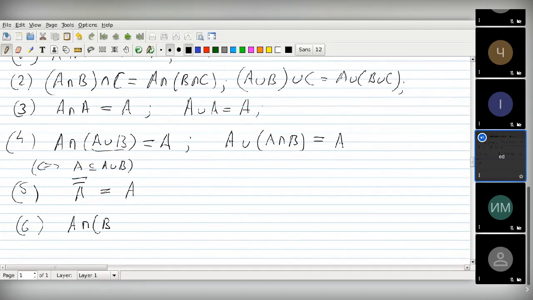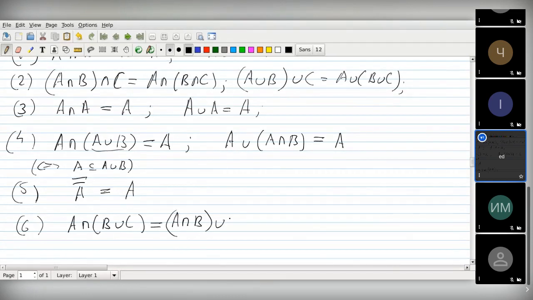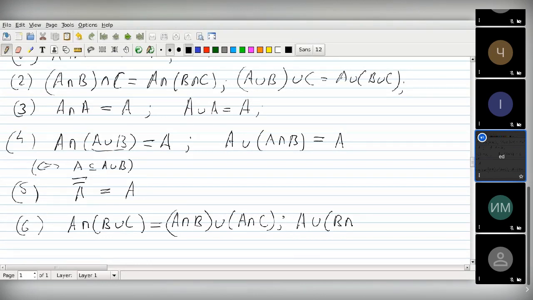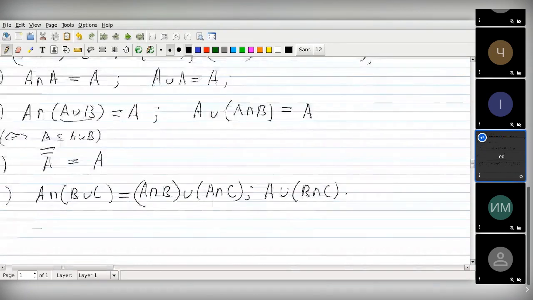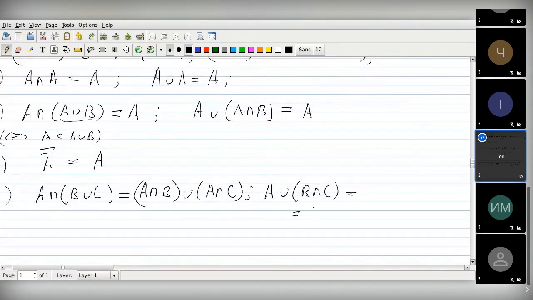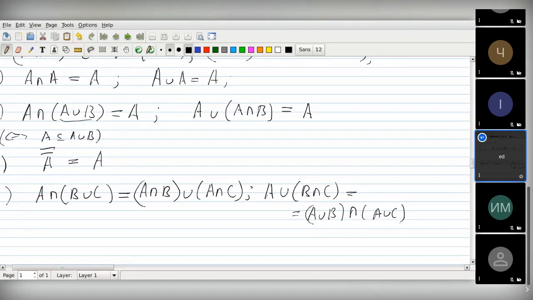A intersected by the union of B and C equals A intersected by B together with A intersected by C. And dually, A union B intersected by C is what? A union B intersected with A union C. That's it.